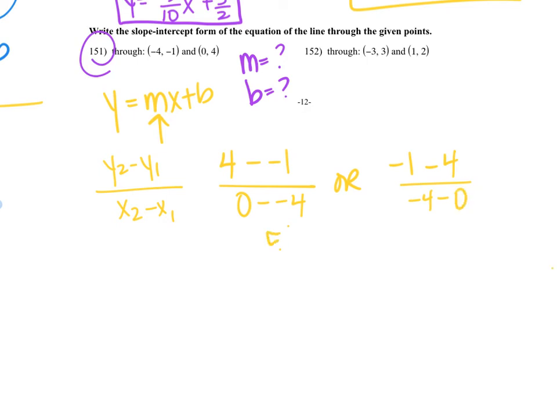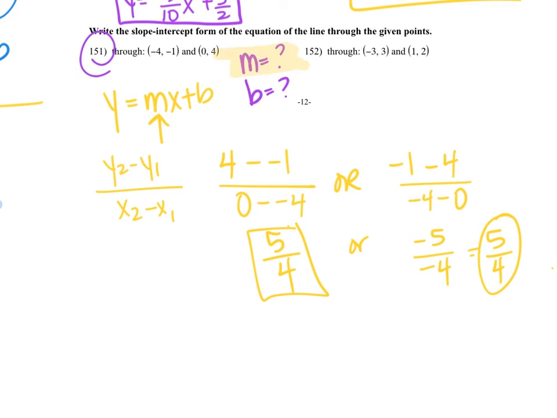So in this case, you'd get 5 over 4, or you'd get negative 5 over negative 4, which is actually 5 over 4. Okay, so now that I have my m, I have my m down, and that's going to be over here.